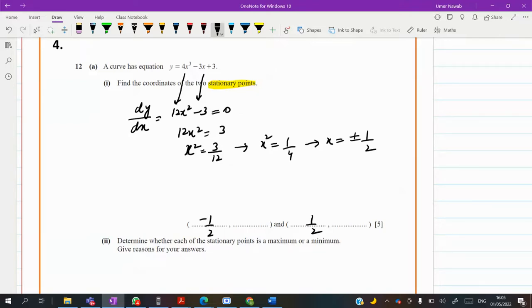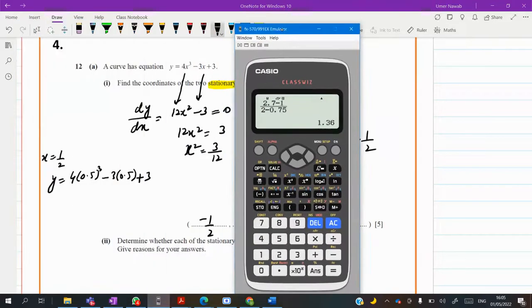To get the corresponding y coordinates, if x is equal to 1 over 2, substitute it in the place of x. Use calculator. 4 bracket open, close, power 3, minus 3 bracket open, close, and then plus 3 in the brackets.